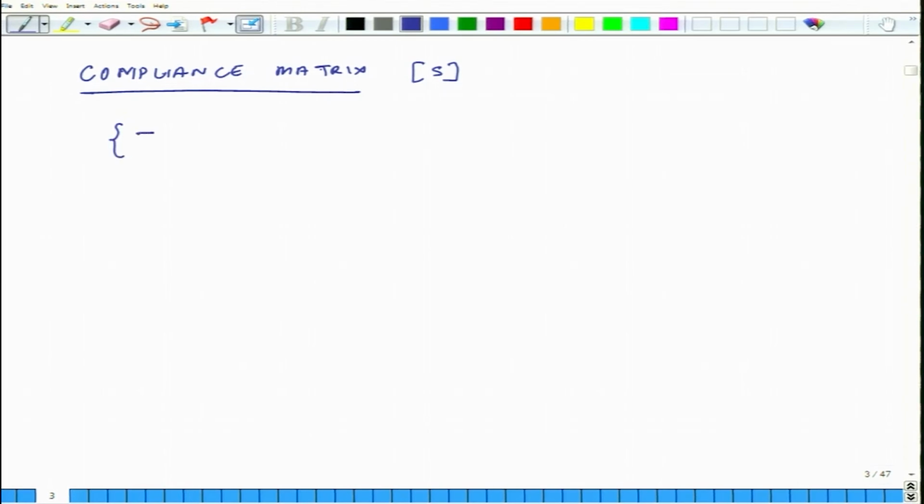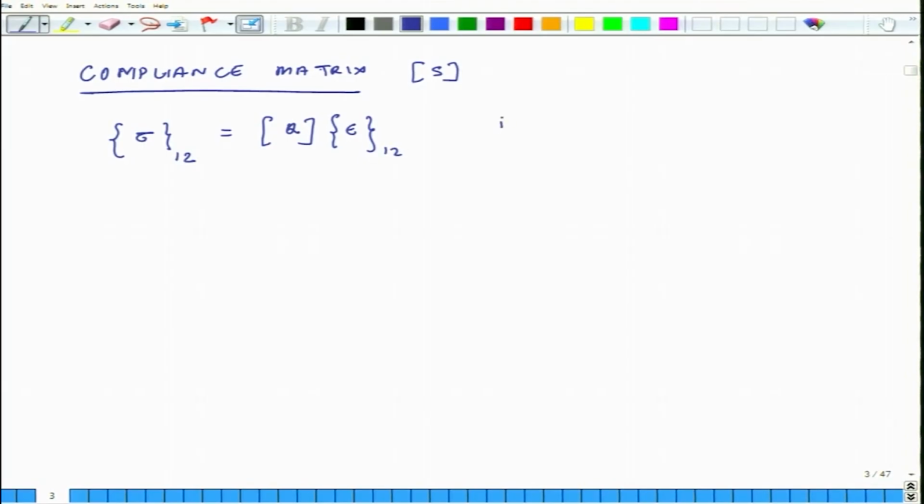We know that the sigma vector, if I use the 1-2 plane, is equal to the Q matrix times the strain vector. Okay.